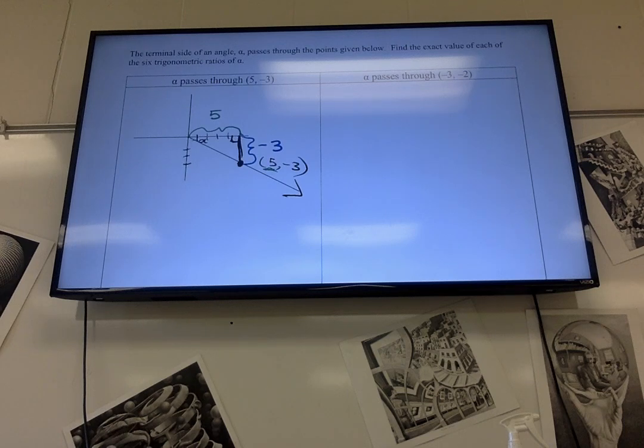And so the only thing I have to find really is that side. How can I find that side? Pythagorean theorem. So we'll call that R. So -3 squared plus 5 squared equals R squared. That's +9 plus 25 equals R squared.